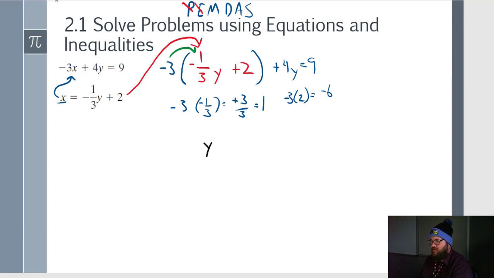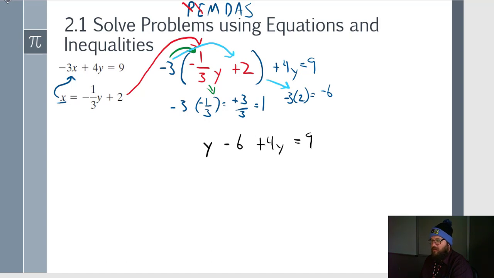I did this one times this one, and that gave us this value, and then I did this one times this one, negative 3 times positive 2, and that gave us this value, negative 6. So we had y minus 6, and then we still have plus 4y equals 9.